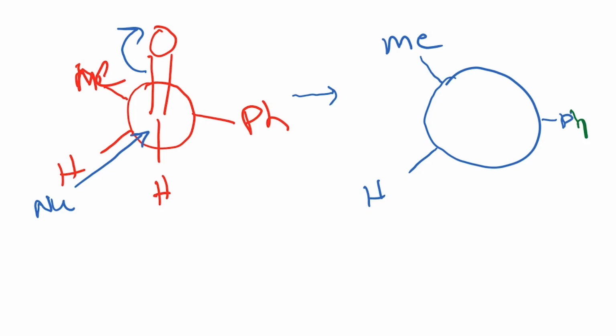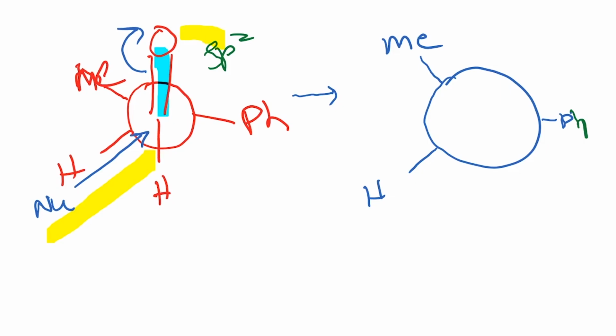What happens in this process is that this carbonyl bond is going to break. This carbonyl bond was sp2 hybrid, and now it's going to become sp3. And since the nucleophile is attacking from this direction, the C double bond O is going to move here.